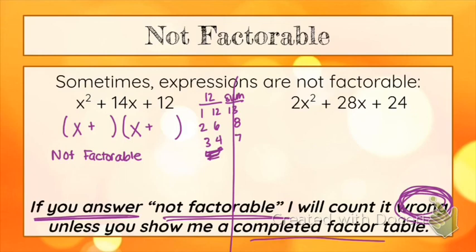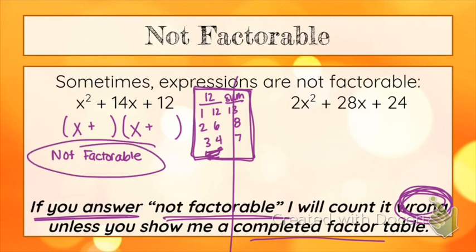So what that means is you have to have this written out and you have to have every single factor listed before you're allowed to write not factorable. If you write not factorable and you don't have this table, I'm going to count it wrong even if it's right. Okay? All right.